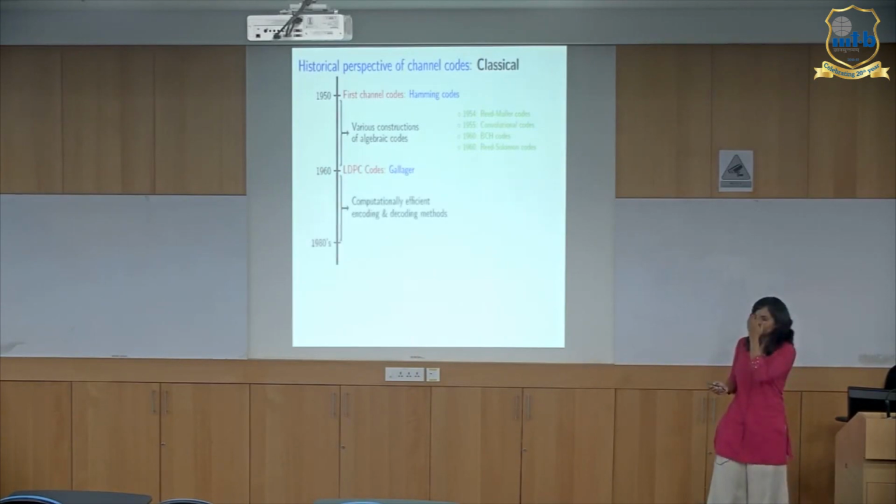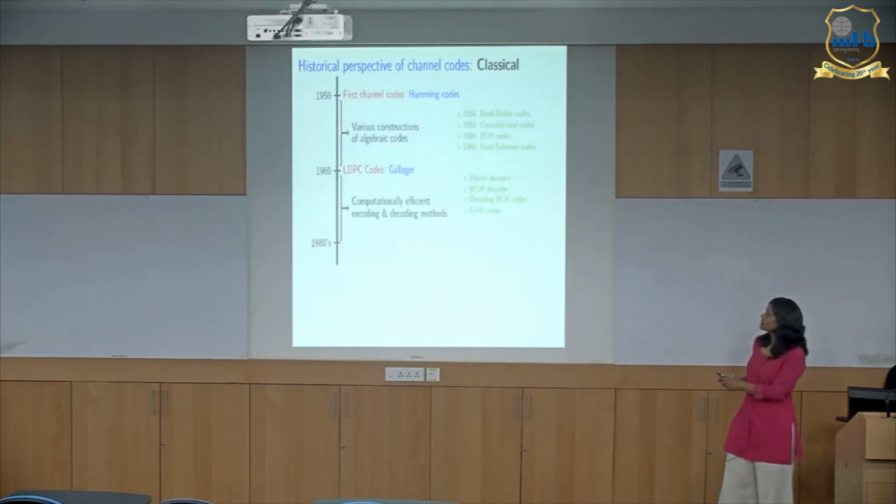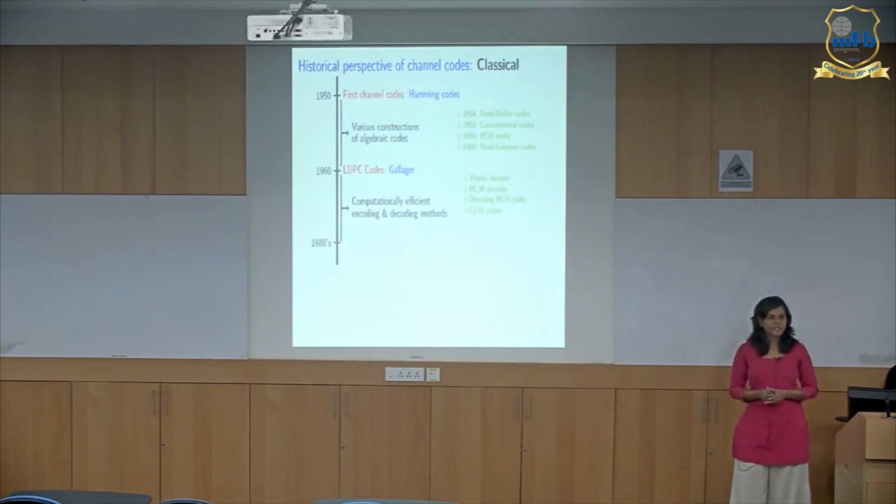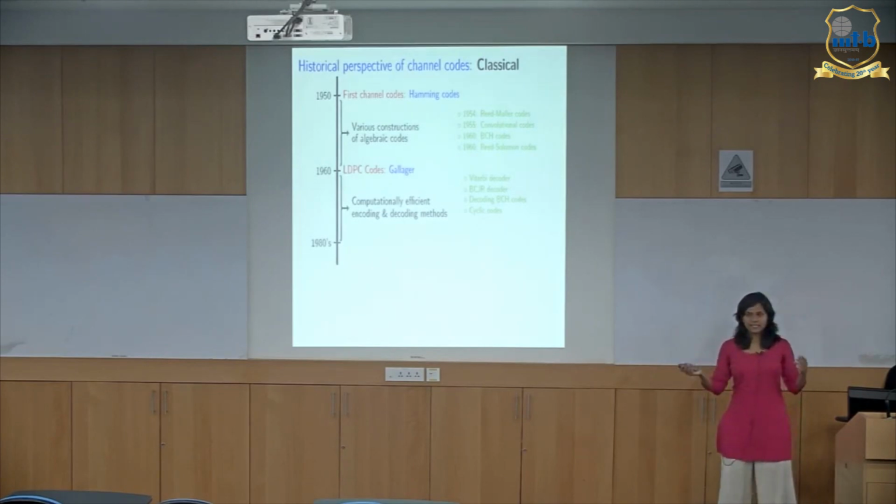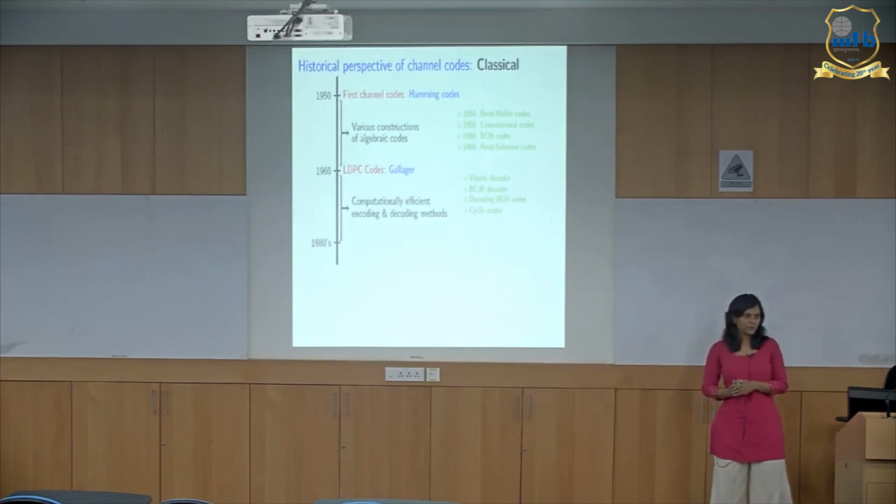For the next 2 decades, people suggested various efficient encoding and decoding algorithms for these algebraic codes. Some of the notable contributions are the Viterbi decoder, the BCJR decoder, some efficient decoding algorithms for BCH codes, and people developed the theory of cyclic codes. In this talk, later, I will talk about some problems that are studied related to cyclic codes.